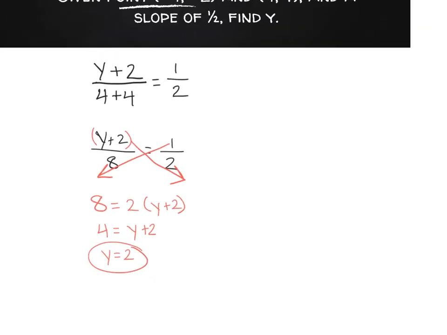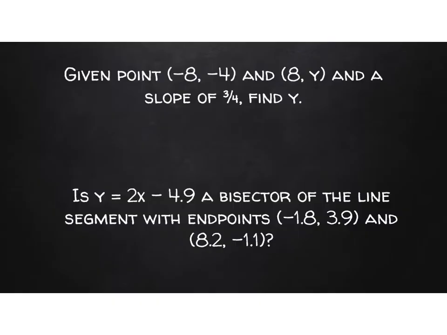If I want to check this, I'm going to go back, and I'm going to say, if I put 2 in way up here, 2 plus 2 is 4. 4 over 8 does indeed reduce to 1/2. I know I did it correctly. All right, we're going to do a similar problem now. This time I have y plus 4, because I'm subtracting the -4, over 8 minus -8, or plus 8. That needs to reduce to equal 3 over 4.